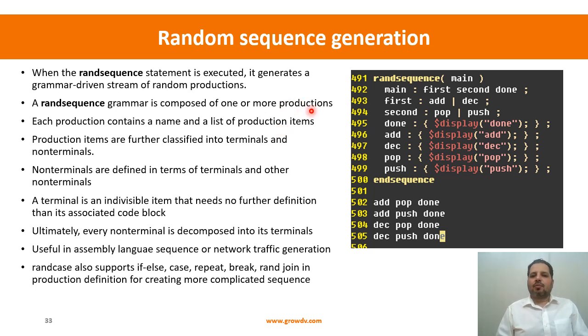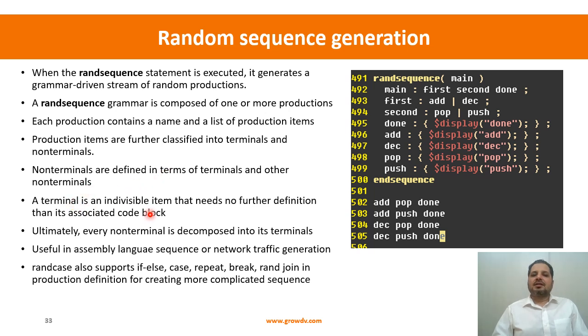When we say production, we are referring to what we are defining at one level. Each production contains a name and a list of production items, and production items are further classified into terminals and non-terminals. Non-terminals are defined in terms of terminals and other non-terminals.